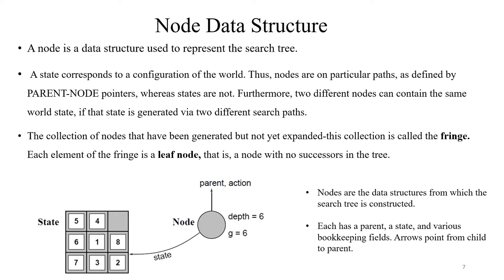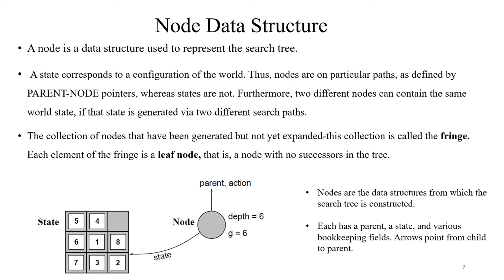A node is a data structure used to represent the search tree. The state corresponds to a configuration of the world. That is, nodes are on particular paths defined by parent node pointers. Two different nodes can contain the same state if the state is generated via two different search paths. The important point to remember is the collection of nodes that has been generated but not yet expanded.